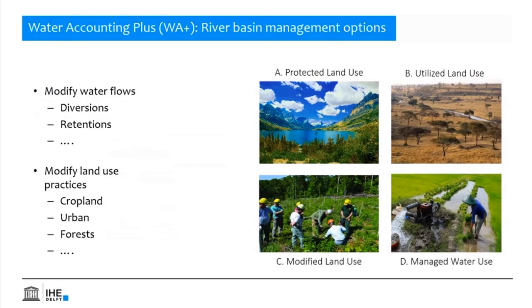I will make a poll question. The options for the poll question are on the screen. A is for protected land use, B is for utilized land use, C is for modified land use, D for managed water use. And I put the question in the chat box. So the question is, which land use category does irrigated cropland belong to?